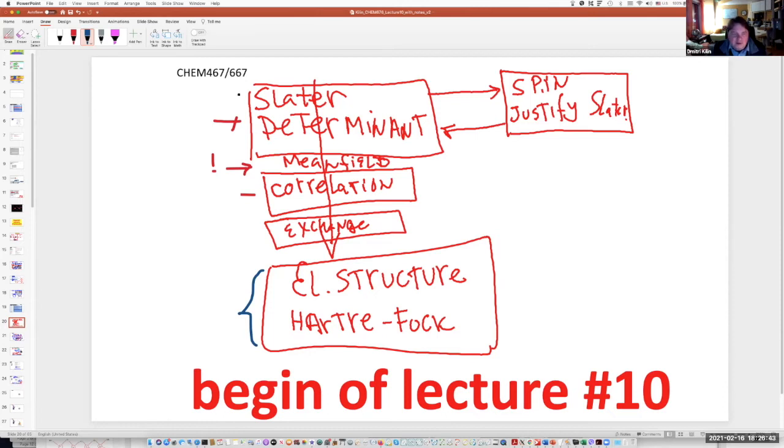Last time, I think it was lecture 9, we got the concept of the Slater determinant. In the next, next, we'll get the concepts of mean field, exchange energy, and correlation energy. And by combining maybe 11 plus 12, will give us the lucky number 13 with the Hartree-Fock method. And today we deviate just to consideration of spin in order to justify the Slater determinant. But it is a side project.